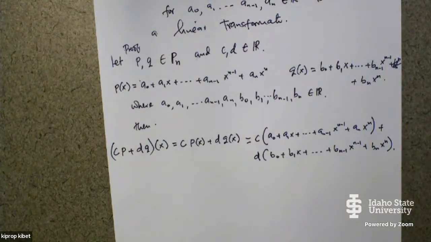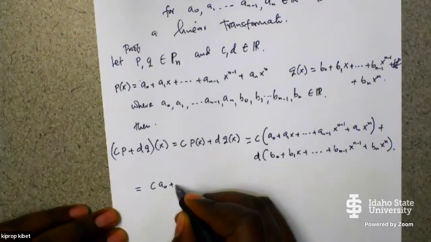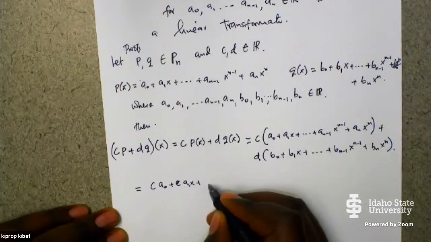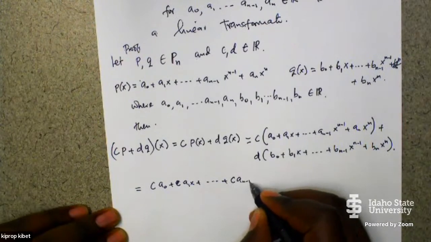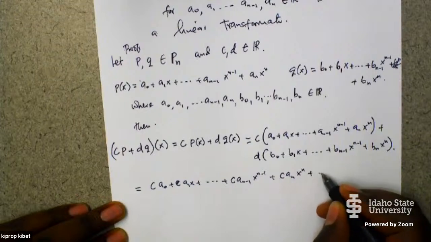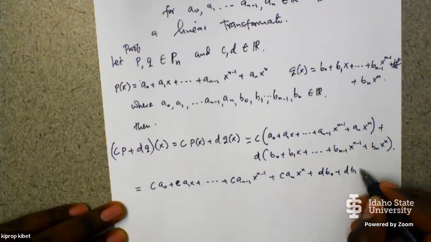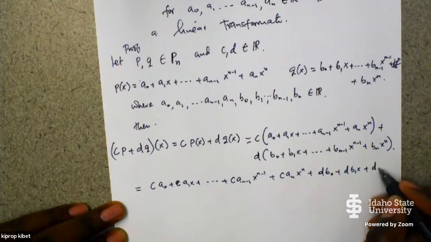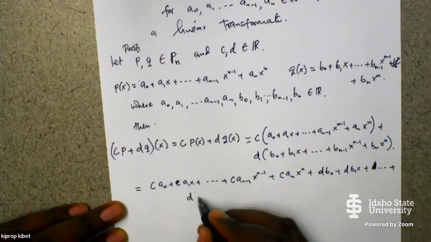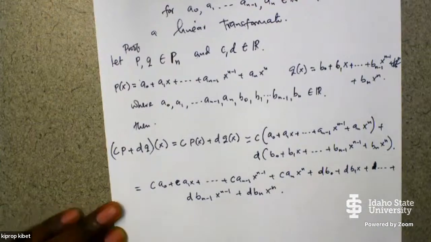Then we can distribute the C and the D. So these are equal to C a0 + C a1 x + ... + C a_{n-1} x^{n-1} + C an x^n + D b0 + D b1 x + ... + D b_{n-1} x^{n-1} + D bn x^n.